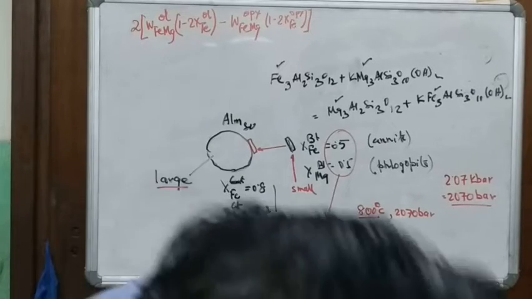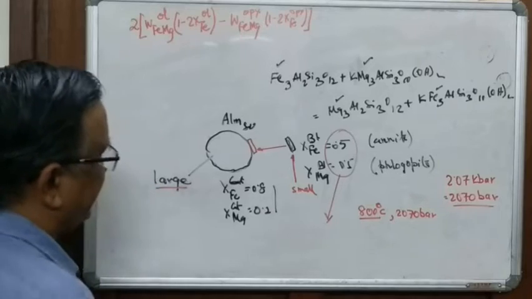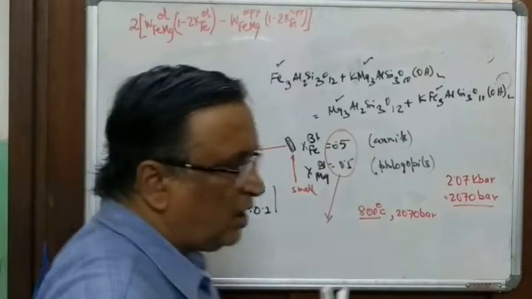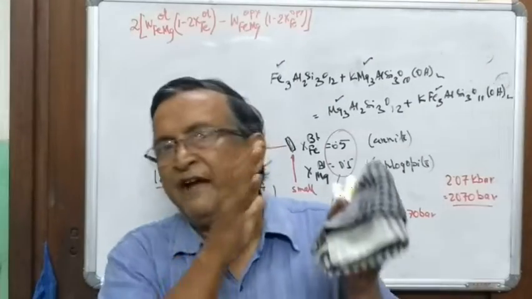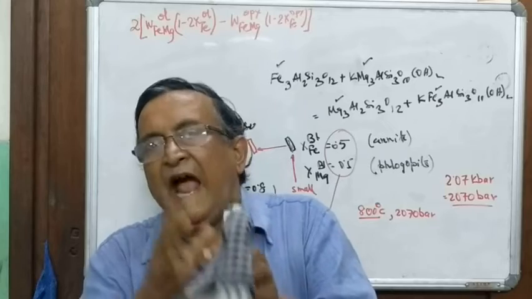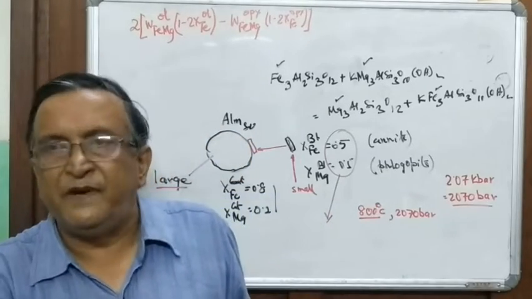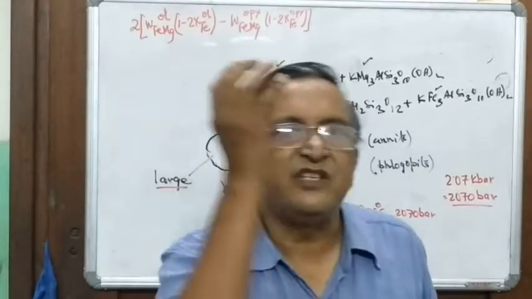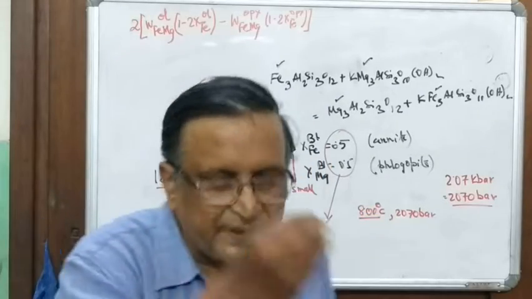So they give you a table, which you will be reading when you read the paper. You start with the starting material, then you have temperature and pressure, and then you have the product biotite, which is very different from the composition of the starting biotite, because the biotite changes its composition with respect to the garnet.